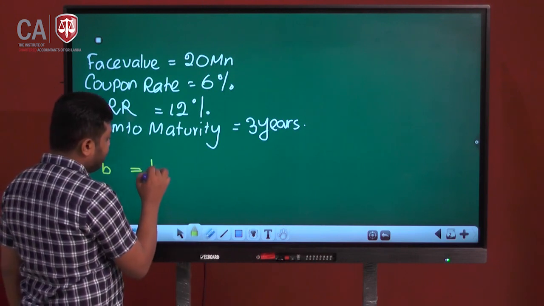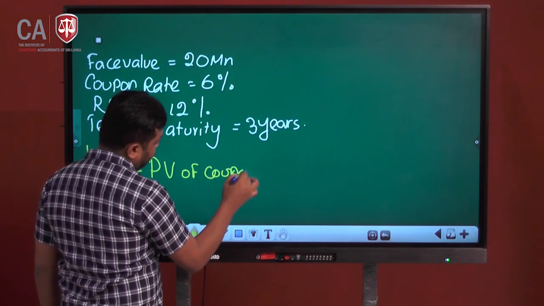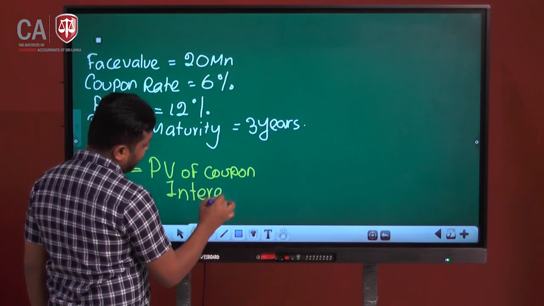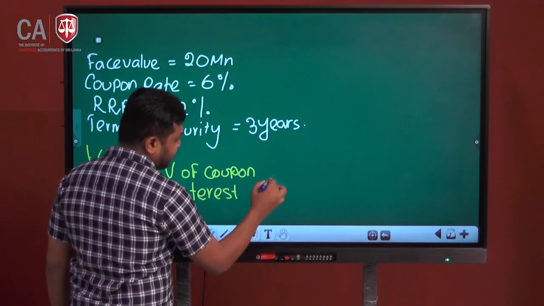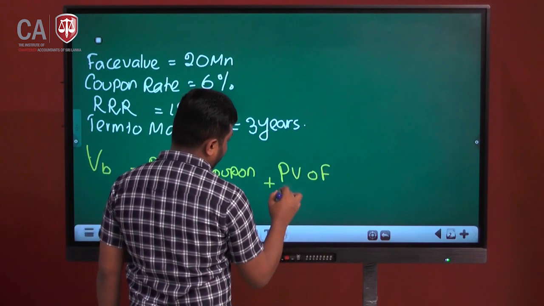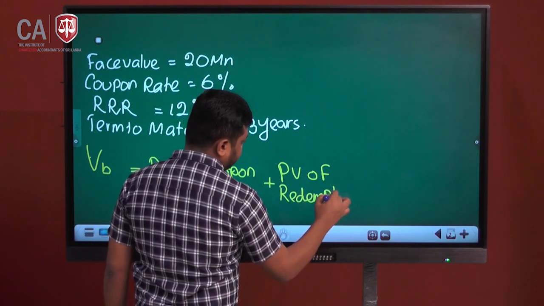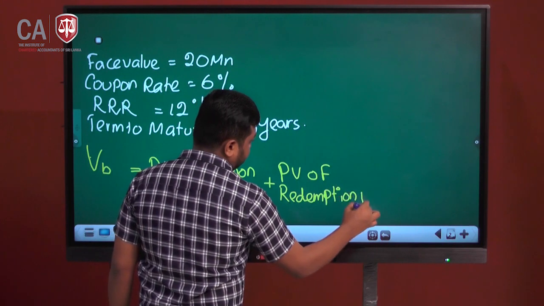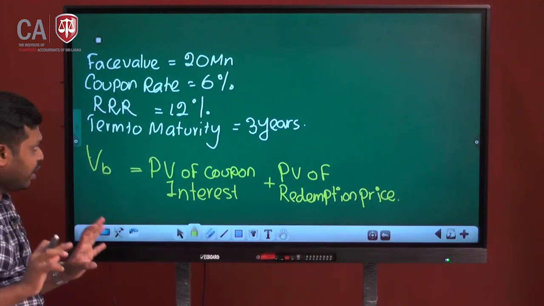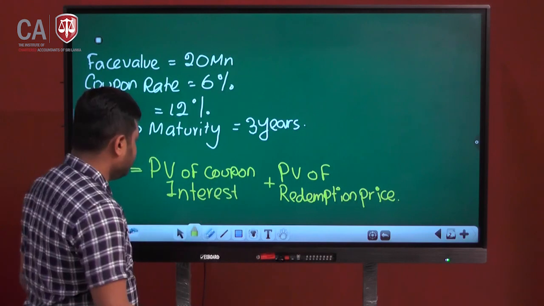Therefore, it should be present value of coupon interest plus present value of face value or redemption price. That is how it will work out. Present value of coupon interest plus present value of redemption price.